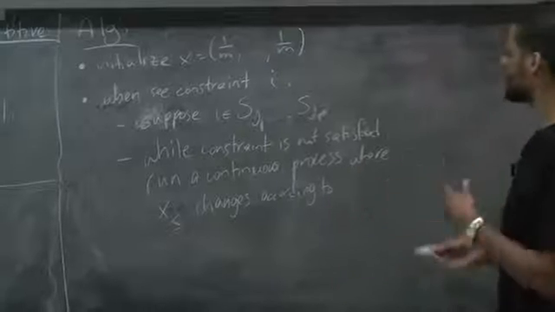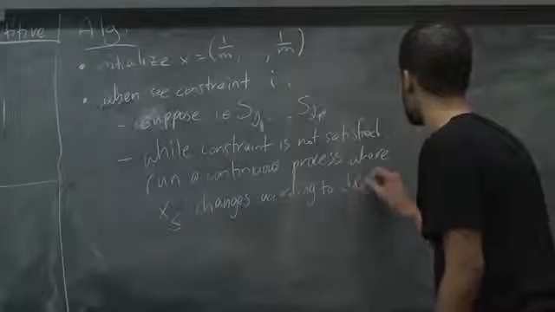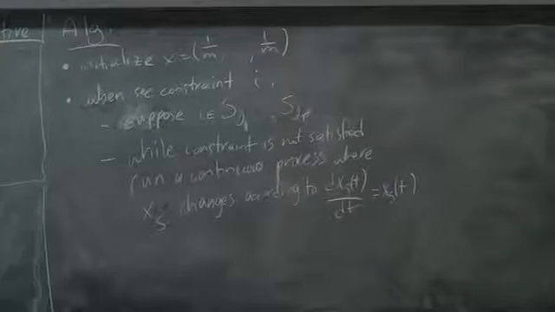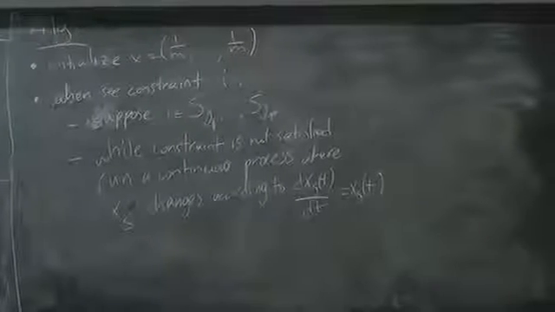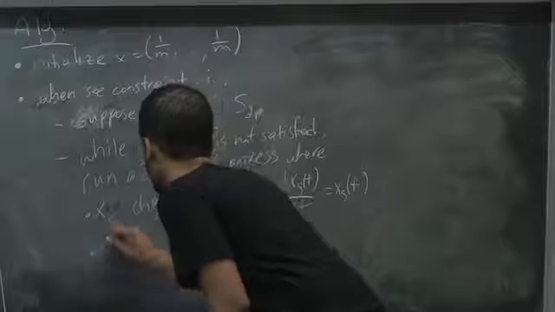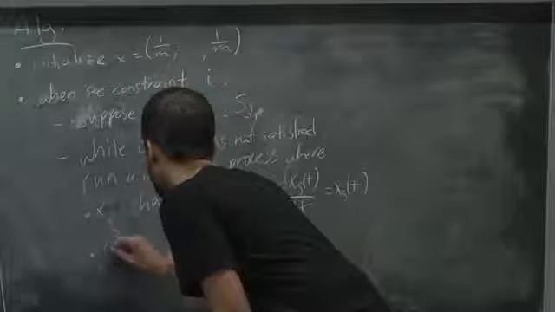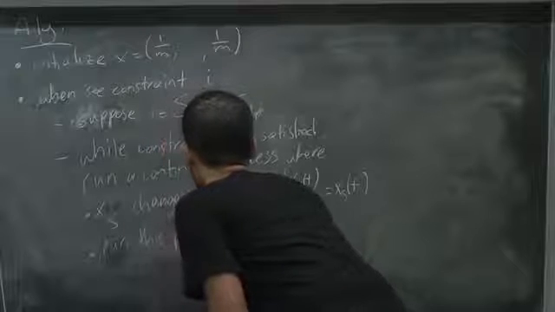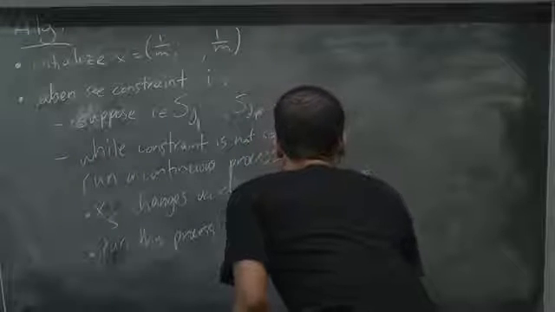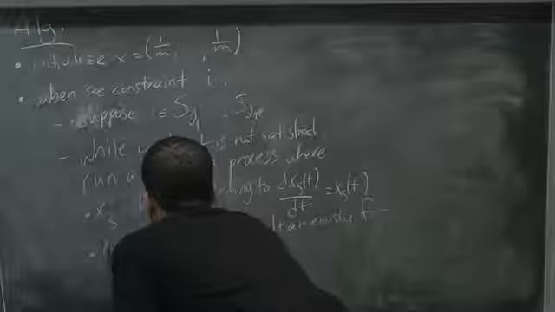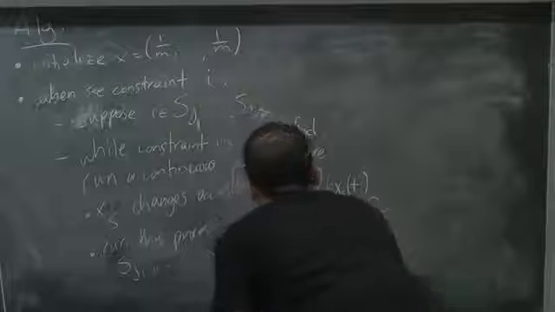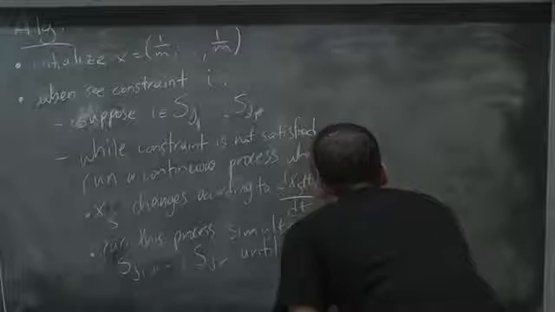And the way that we vary x_S with time is that dx_S(t)/dt is x_S(t). Run this process simultaneously for all of these sets, S_j1 up to S_jr, until the constraint becomes tight, or until the constraint is satisfied.